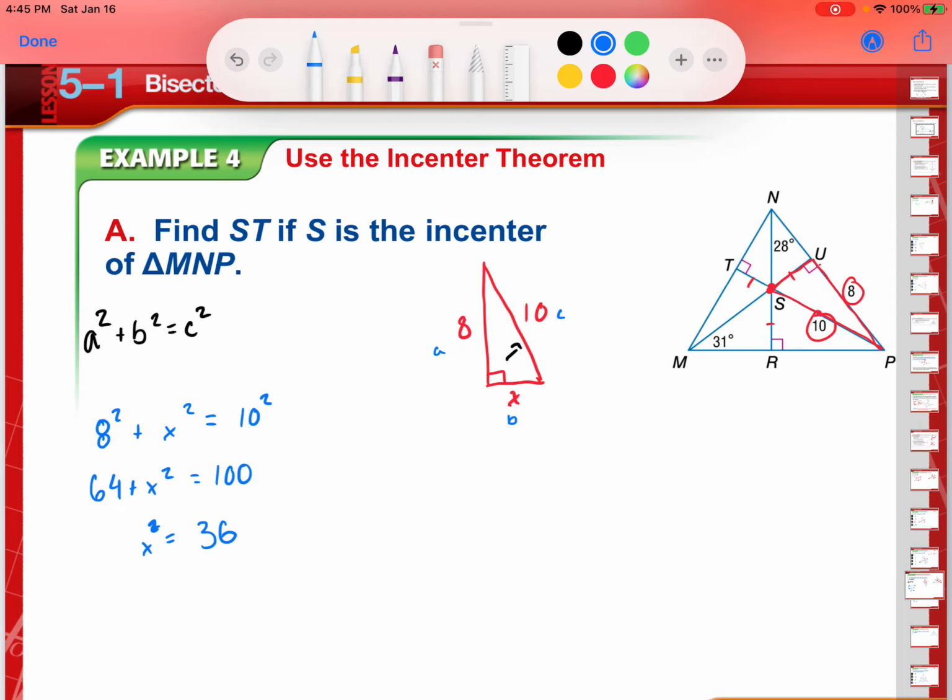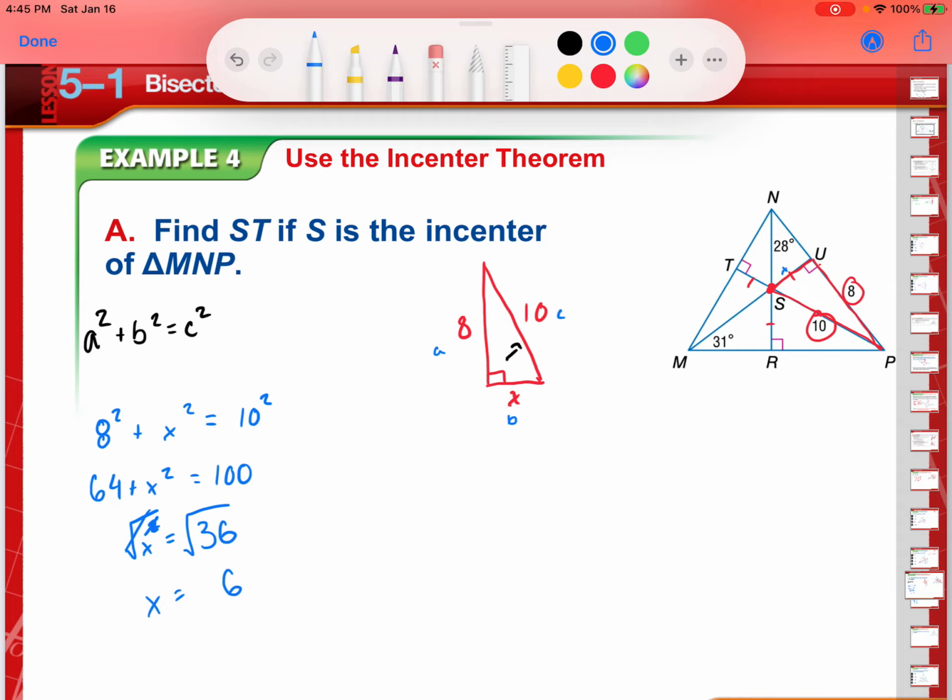Now this last step, to get X completely by itself, we have to take the square root of both sides, and the square root gets rid of this squared over here. So we're left with X equals the square root of 36, which is, of course, plus or minus 6. But since we're dealing in length here, you can't have a negative length, so we're just going to say 6.